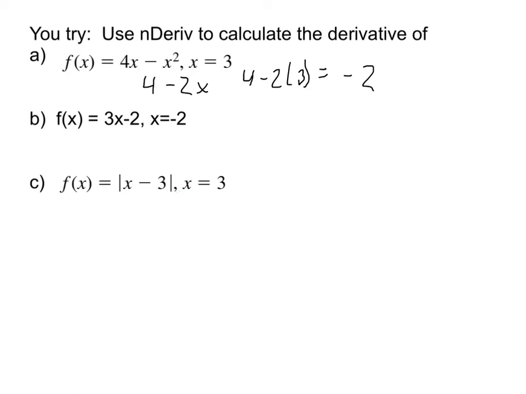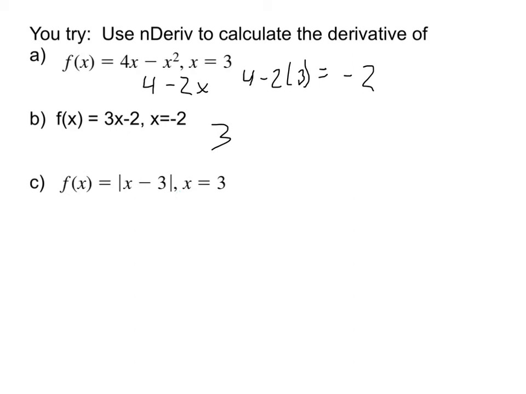On the second one, think about the shape of this. This is a line with a slope of 3, so it doesn't matter where you do it, your calculator should give you a slope of 3 here. So hopefully your calculator gave you a 3.